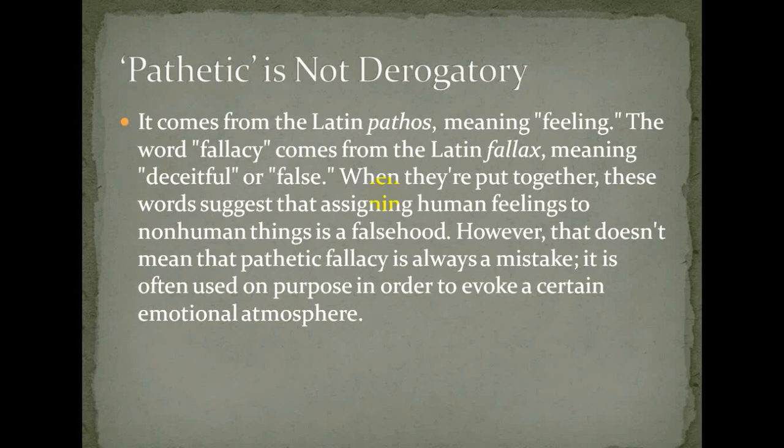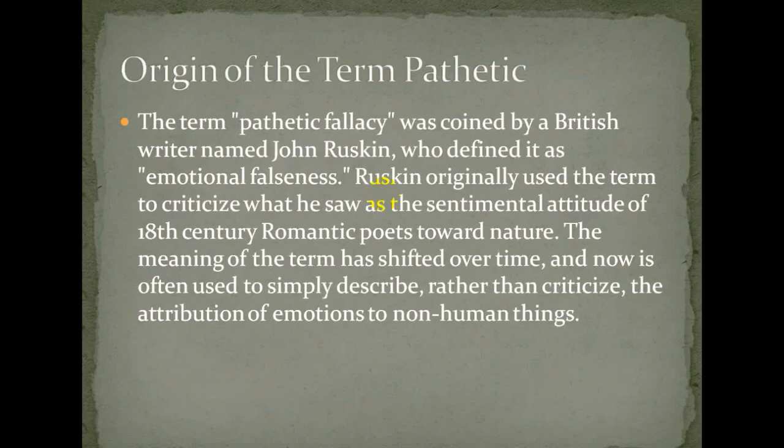So, how is it possible that it is deceitful or false, and then it is used for ascribing some sort of feelings to nature? So let us first go through the origin of this term, so you would know how it evolved over time into the sense we take from it.